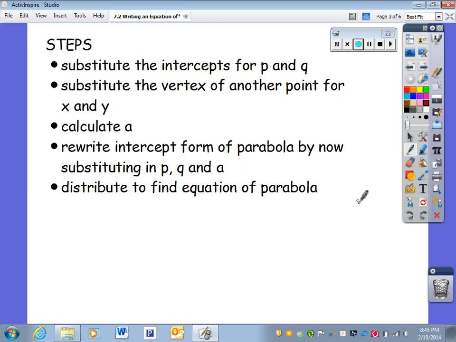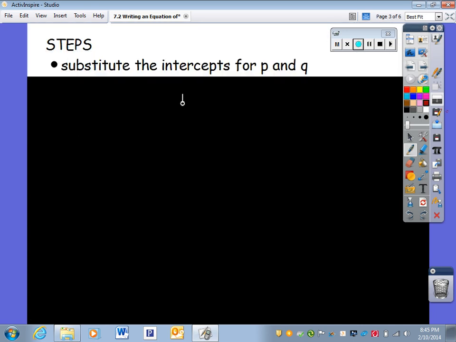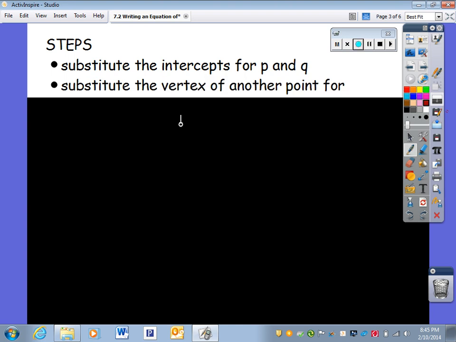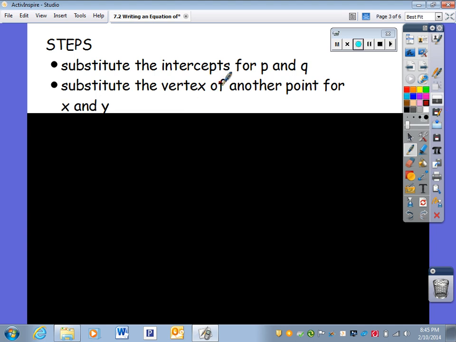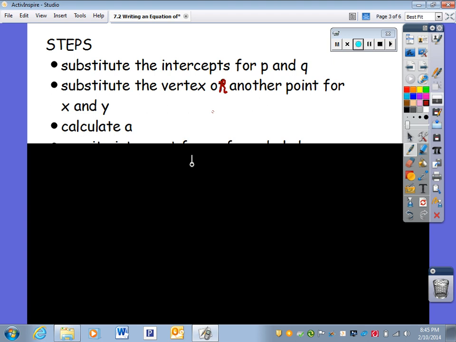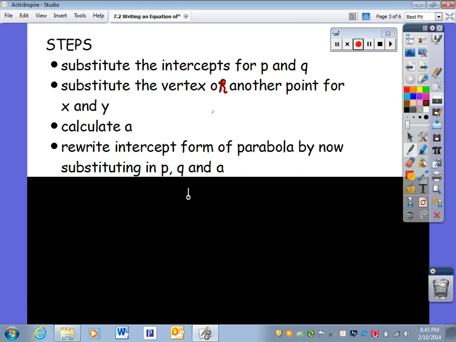So here are the steps for writing the equation of a parabola. Step number 1, substitute the intercepts for p and q. Substitute the vertex or another point for x and y. Calculate a, then rewrite the intercept form of the parabola by now substituting in p, q, and a.